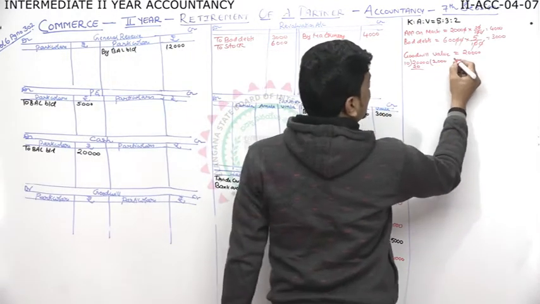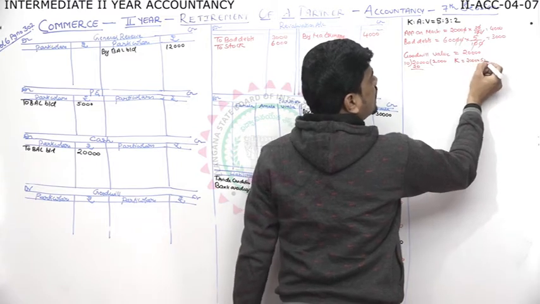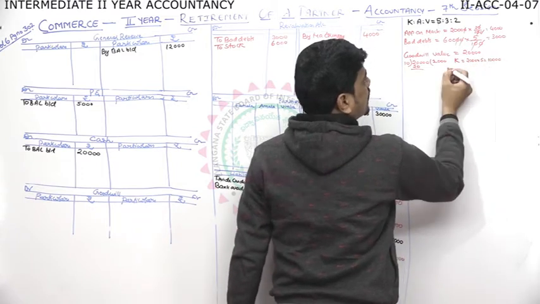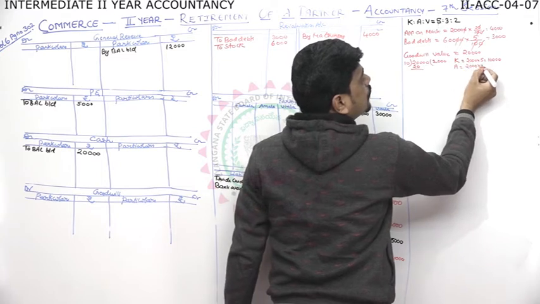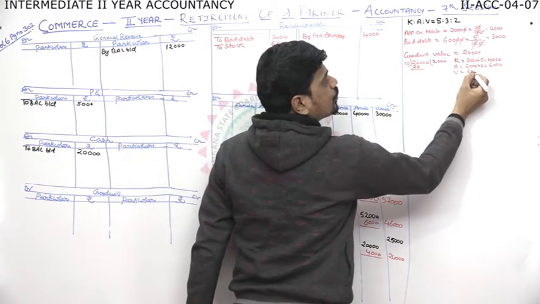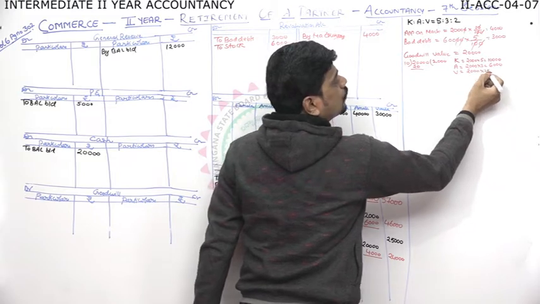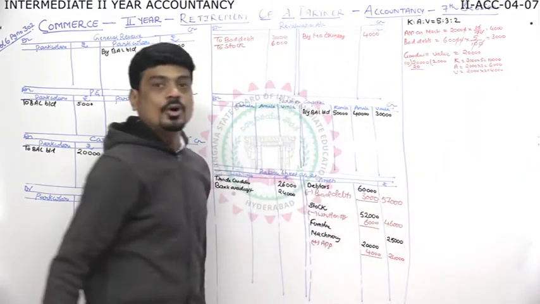Now I'll find the value for Kamala. 2,000 into 5, 10,000. Then Amala, 2,000 into 3, 6,000. Then Vimala, 2,000 into 2, 4,000. You can check 10 plus 6, 16 plus 4, 20.